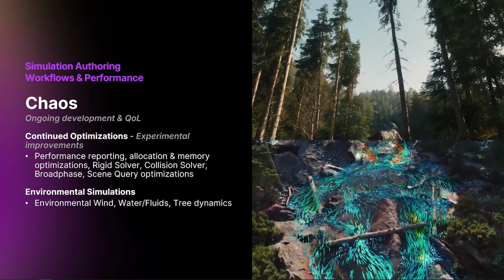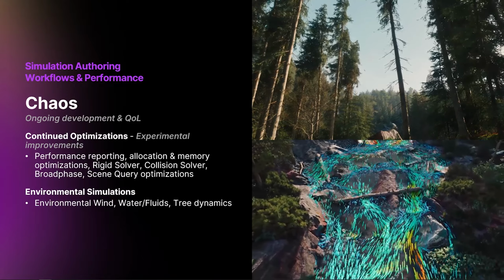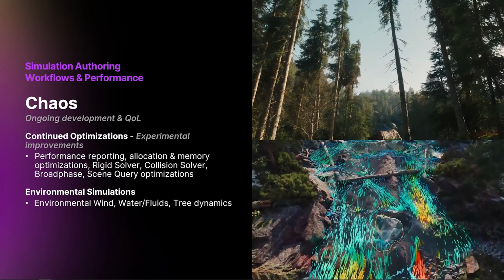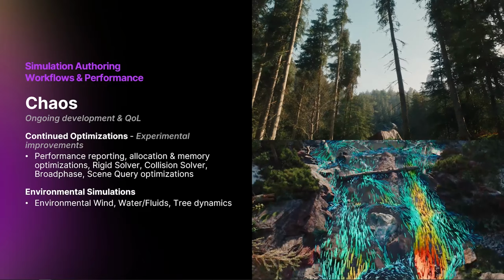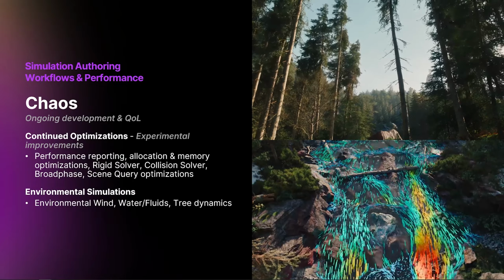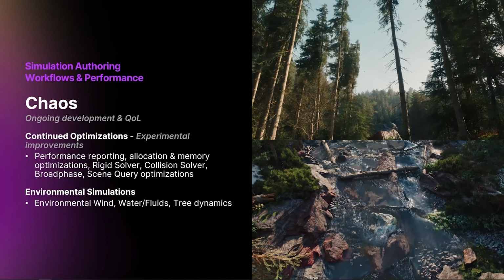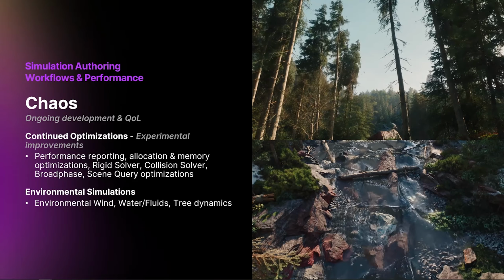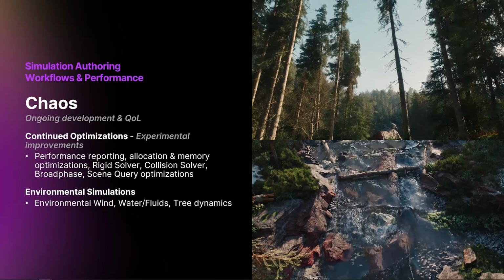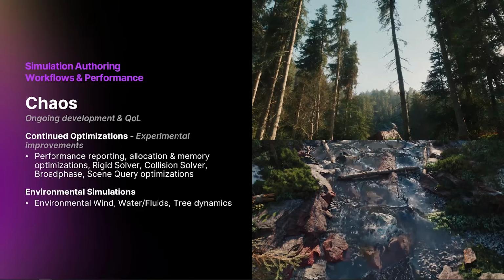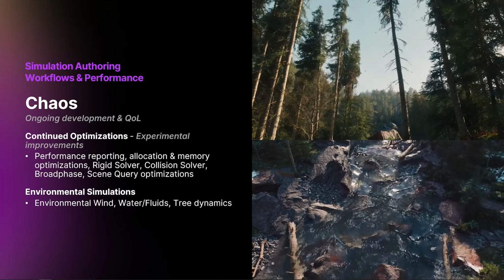And then I have this slide about it as well, where a lot of continued optimizations are happening. I think we have big efforts in flight to further improve performance across the board. We've been shipping Chaos in all our projects for quite some time.